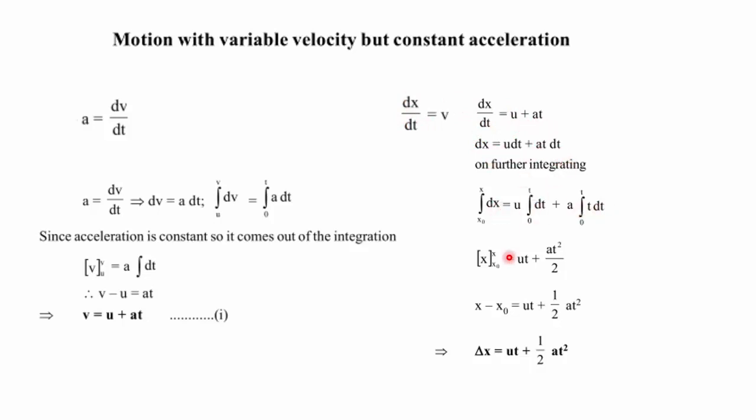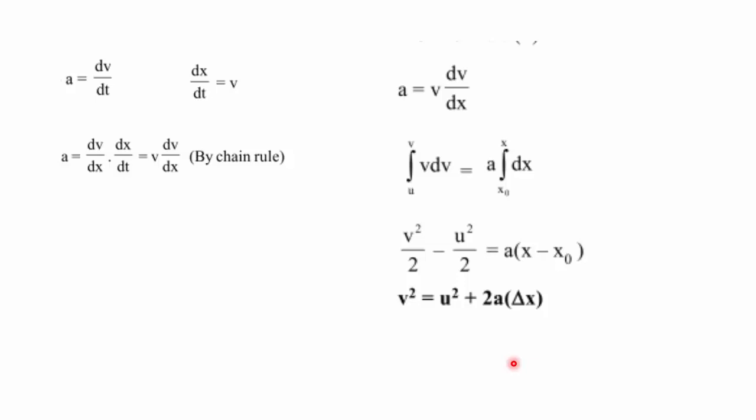The initial position is x0, the final position is x, at time t equal to 0 and the final time t. If I integrate, I get x minus x0 equals ut plus half at square, where u is the initial velocity. This x minus x0 is my displacement, so displacement s or del x equals ut plus half at square. U is the initial velocity, a is the acceleration.